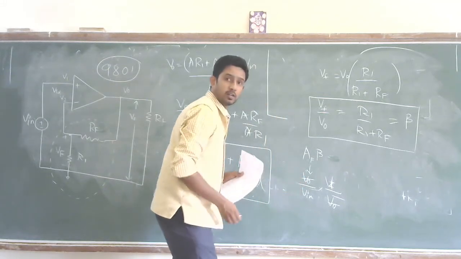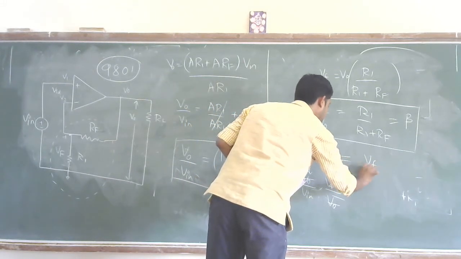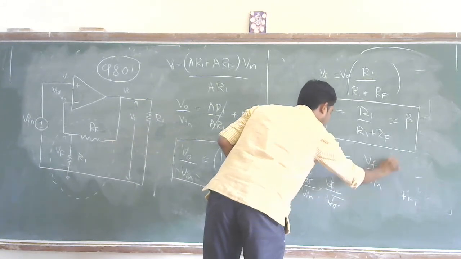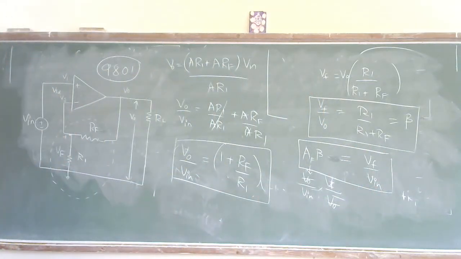V0 cancels out. What is left out? A times beta is equal to Vf by V in. Please remember these things. These are very important. A times beta is equal to Vf by V in, and beta is equal to Vf by V0.